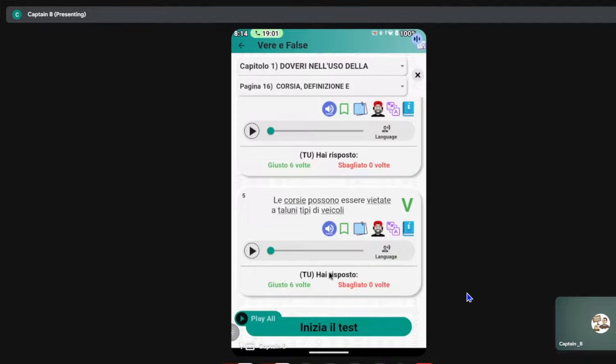There are some lanes that are only made for the transit of some certain vehicles. You understand? The sign divieto di transito, eccezione.